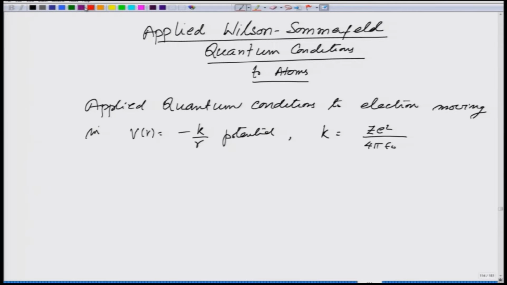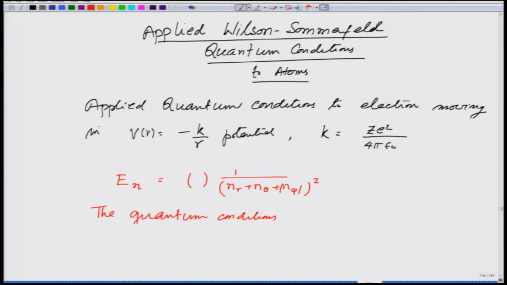And what we obtained was that the energy for the nth level was given by some constant, but the important thing was there was an (n_r + n_θ + |n_φ|)² in it. So, it gave the quantum conditions that gave 3 quantum numbers.